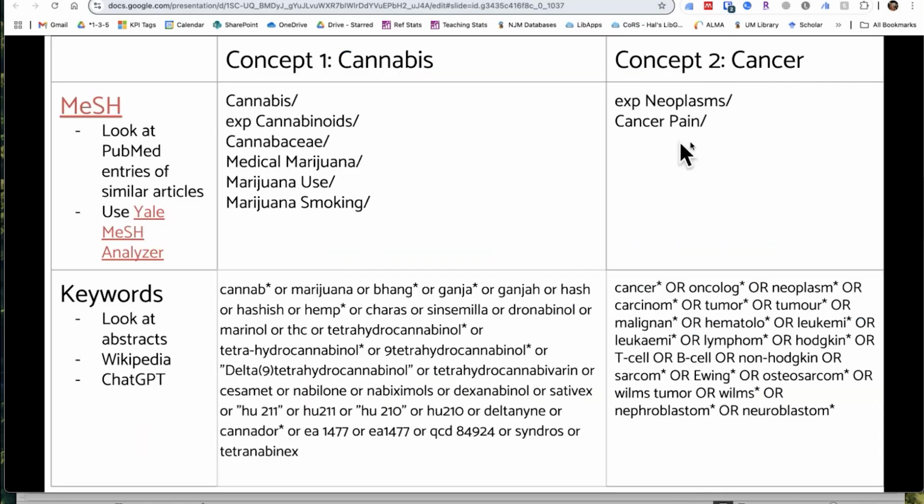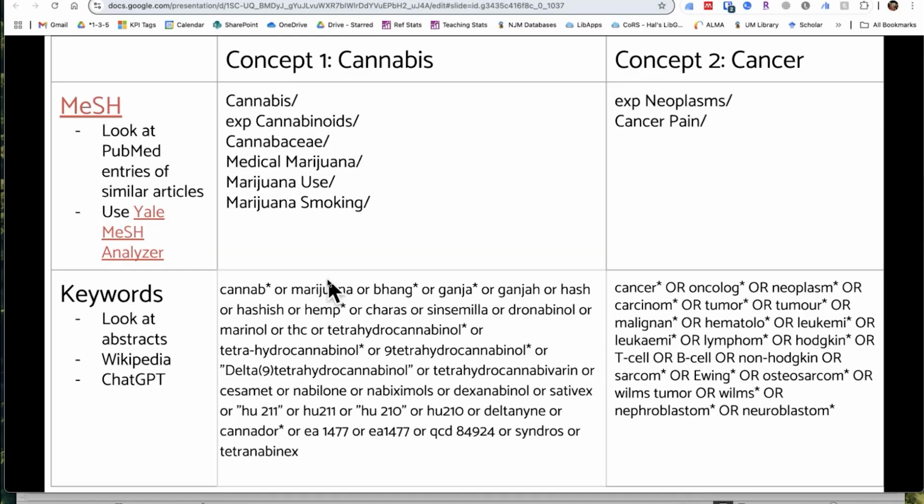Okay, and so we don't have time for me to go into all of this, but I wanted to show you what it would look like to build a comprehensive search on our concepts. This is actually a systematic review I've already done, but I've gone through and chosen all the subject terms related to cannabis and marijuana. And then I've done the same thing for cancer.